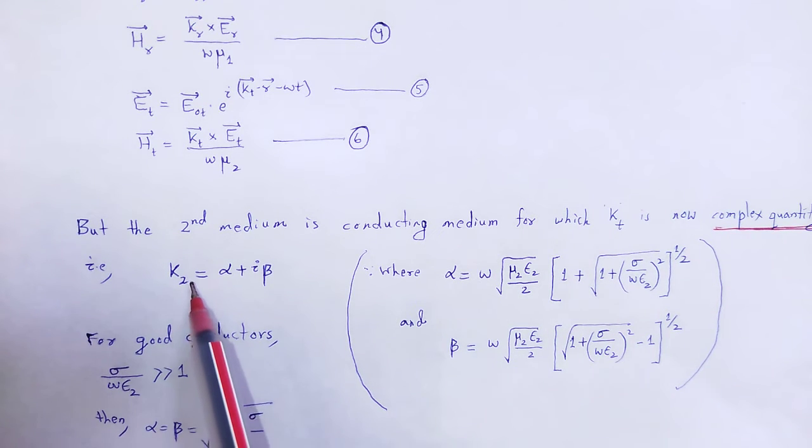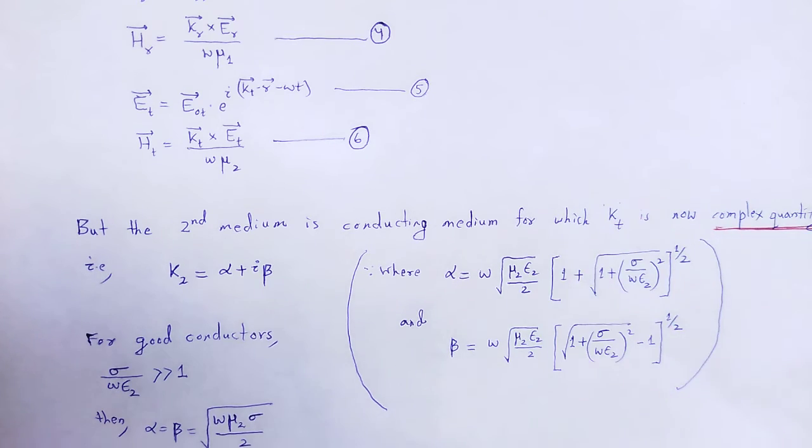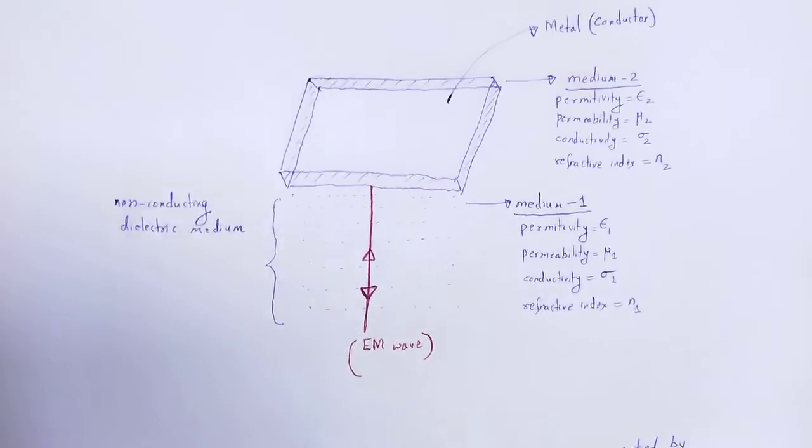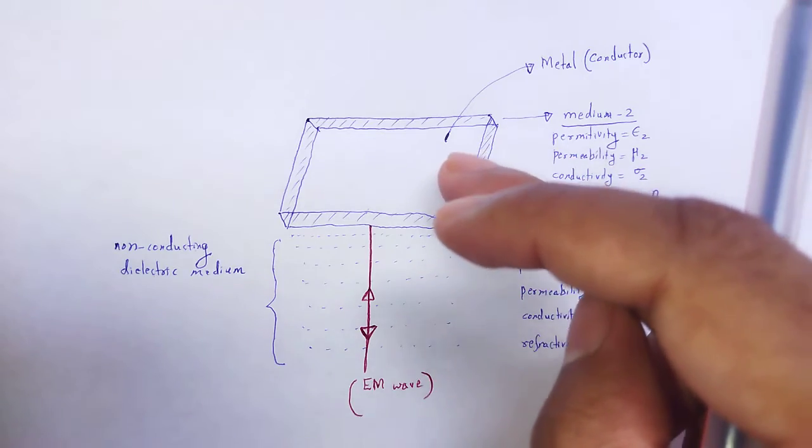Let k t be nothing but K2. For medium 2, for simplicity we write it as K2.